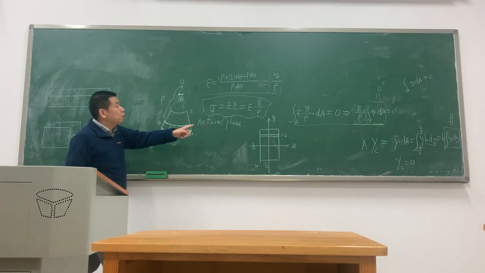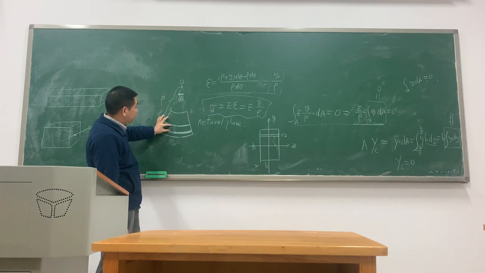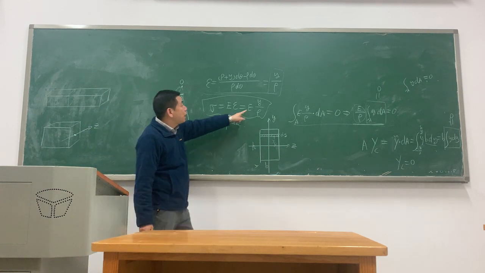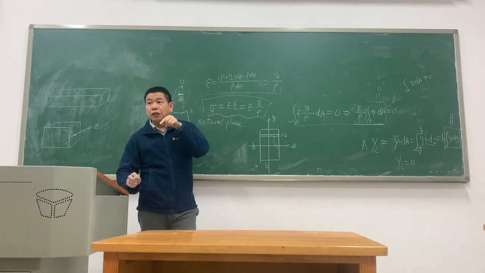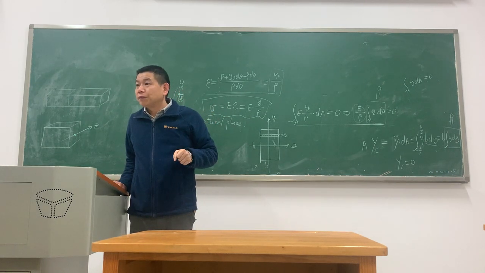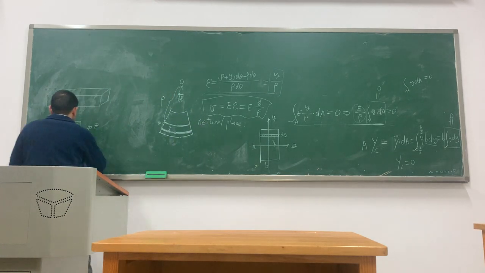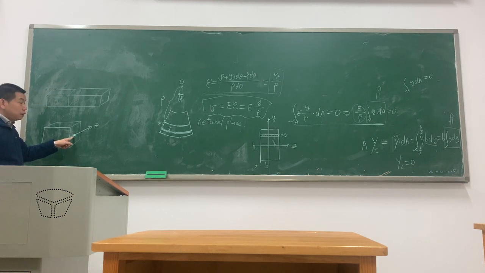When y is 0, it means neutral plane. So when y is 0, the sigma is 0, the point is on the neutral axis. Yes or not? So we know the normal stress on the neutral plane or the neutral axis is 0.